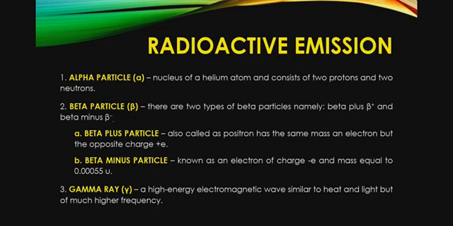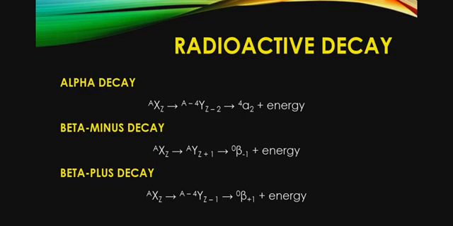Next is the gamma ray, a high-energy electromagnetic wave similar to heat and light but of much higher frequency. So, alpha decay, beta minus decay, beta plus decay.